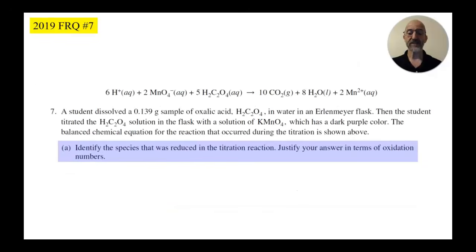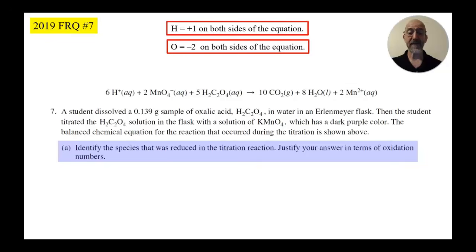In this next question, we have to identify the species that was reduced. So similar to what we looked at earlier with respect to the hydrogen that was reduced, here we have to identify the species that was reduced in this reaction. I'm going to start with hydrogen. It's +1 on the left, and I see water on the right. It's still +1, so the hydrogen is not changing its oxidation number.